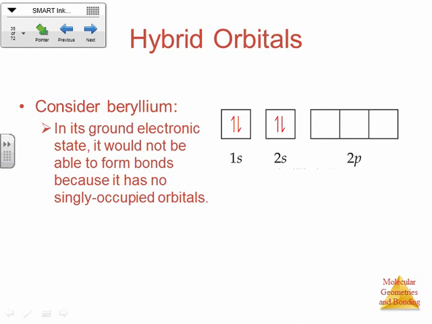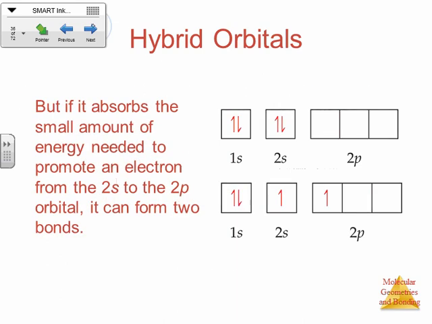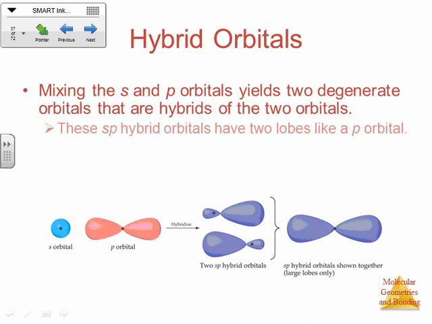So the theory goes, the beryllium would promote an electron into here. Now it's got one electron in a 2s orbital, one electron in a 2p orbital, and those end up hybridizing with one another, forming this sp blend. Then you end up with something that looks kind of like this. These are the hybridized sp orbitals.